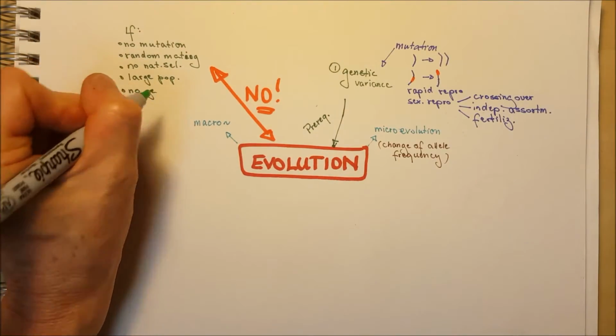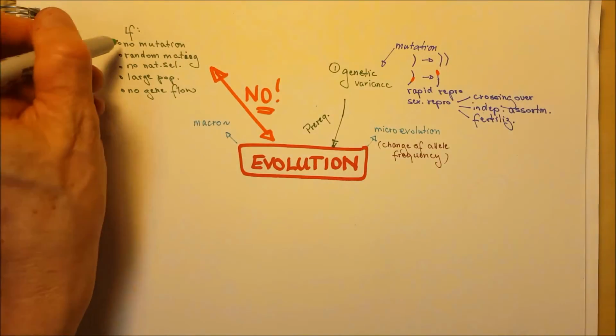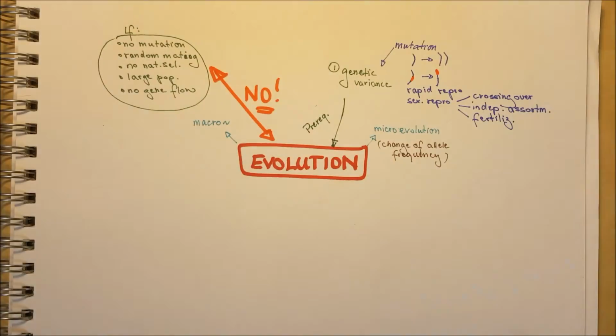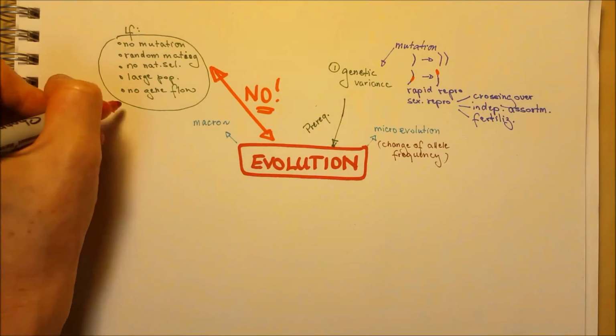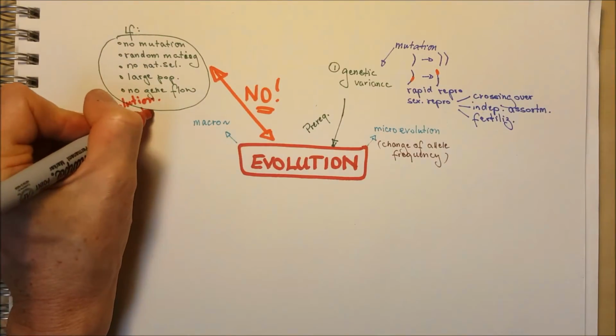If all of these are true, the frequency of the alleles stays the same over generations, so we can say no evolution happens. The population is in Hardy-Weinberg equilibrium.